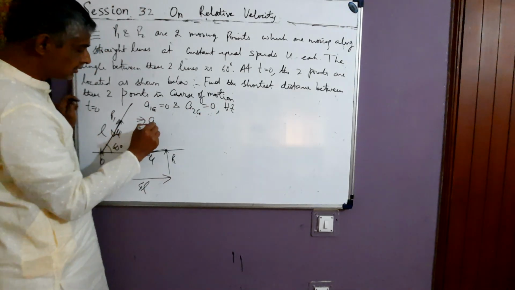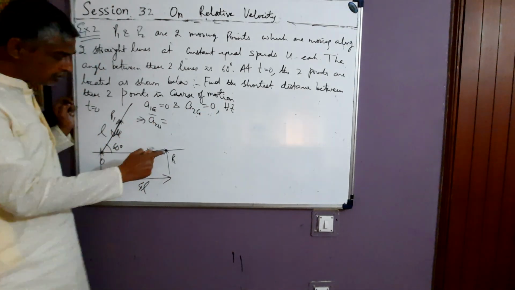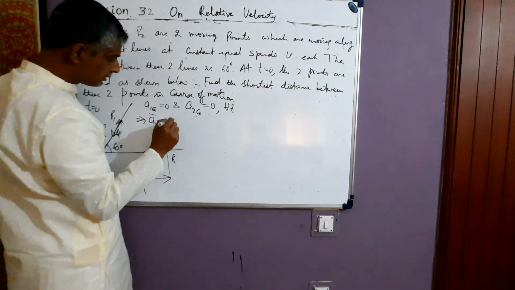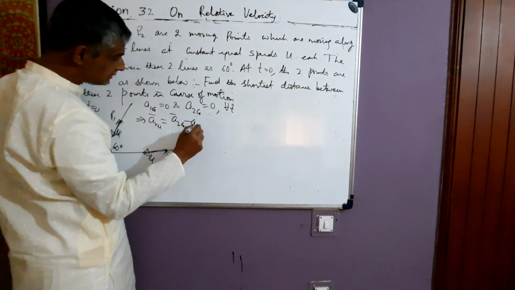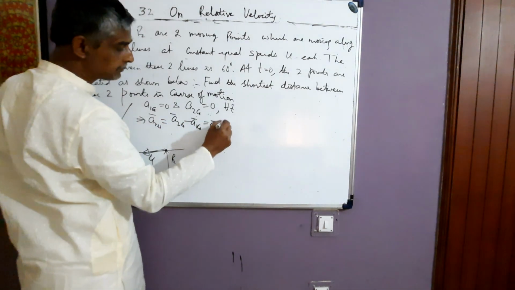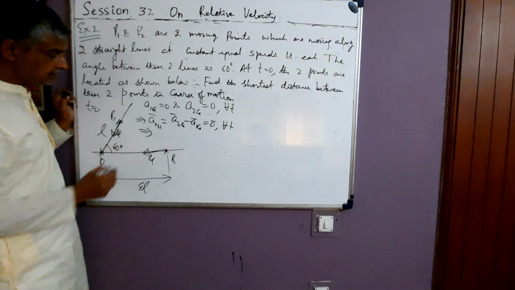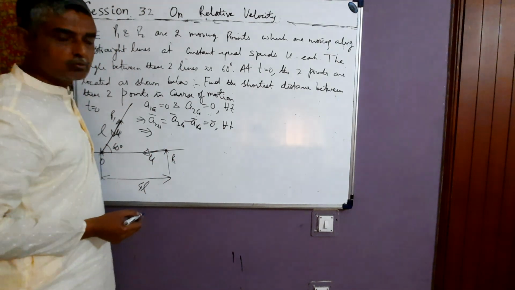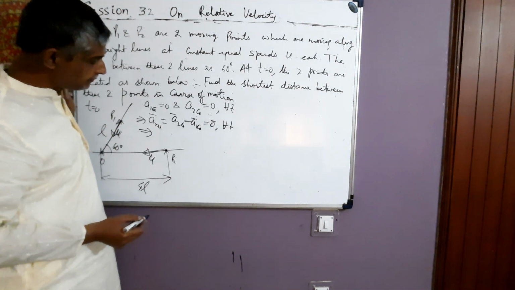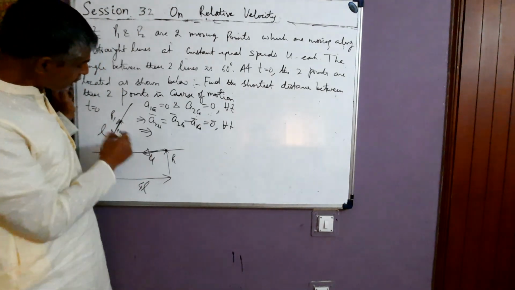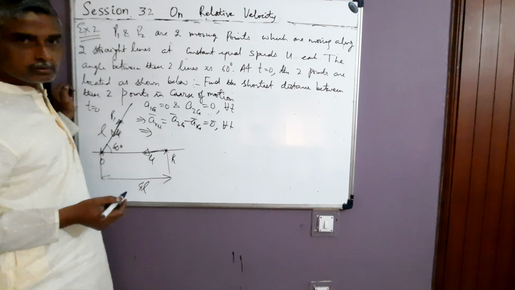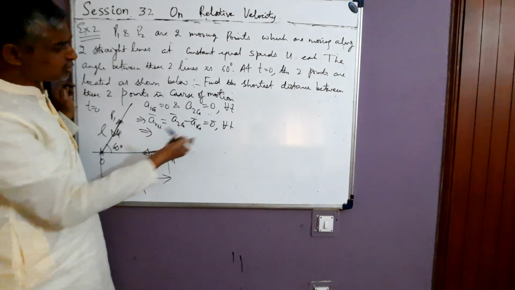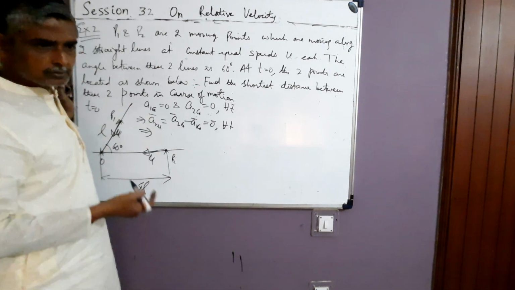This means a relative, that is relative acceleration of P2 with respect to P1, equal to a2g minus a1g, is 0 for all times. This means that as seen from P1, P2 moves along a straight line at a constant speed, or as seen from P2, P1 moves along a straight line at a constant speed. So since a relative is 0, it is better to solve it by relative velocity concept.